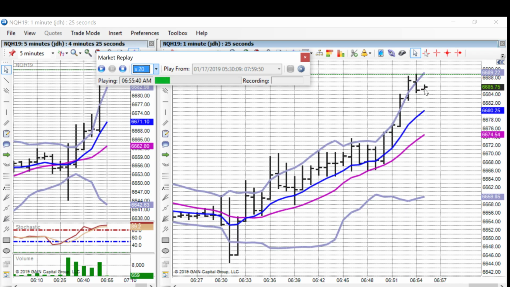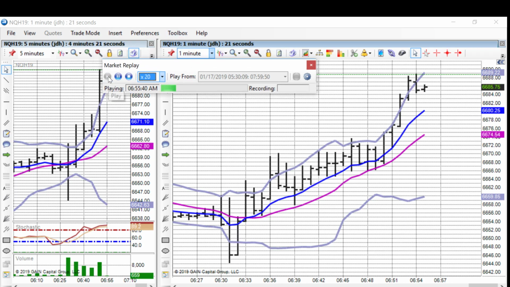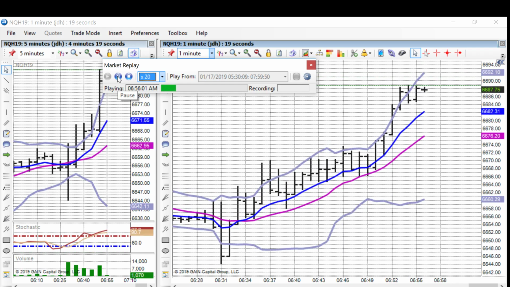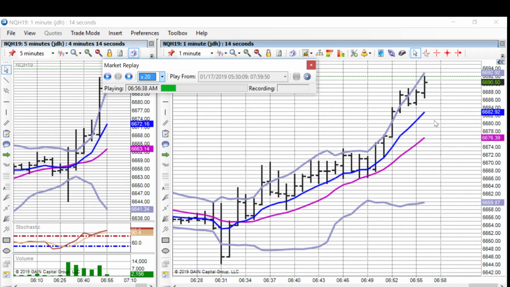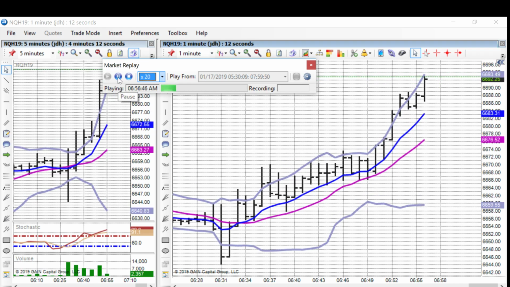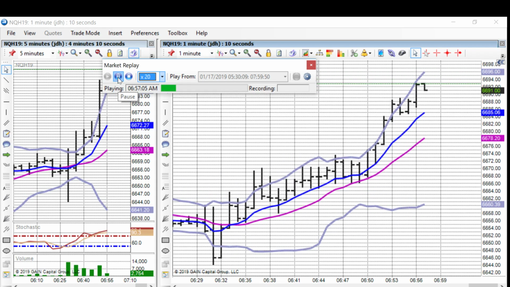But just to be safe, I wouldn't take that trade because it's too far away, even though it's going to go on to hit our target if we did take that trade. Some of them are risky, more risky than others, and you want it close to that 8 EMA line.